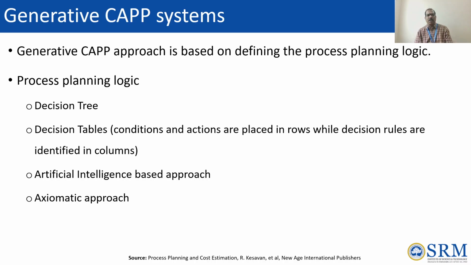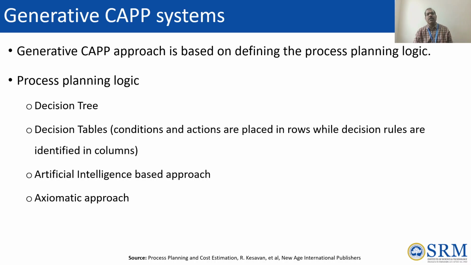Mainly it's based on logic. Various logics are there. Decision tree is one. In an expert system, decision tree is one of the logic systems, or we can use a decision table. In the decision table, conditions and actions are placed in rows, and decision rules are placed in columns.